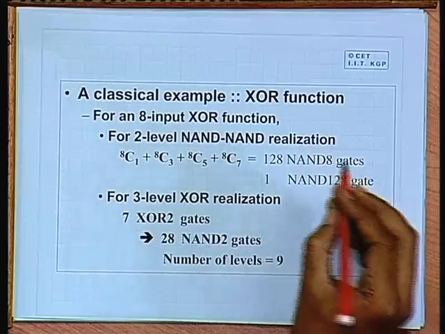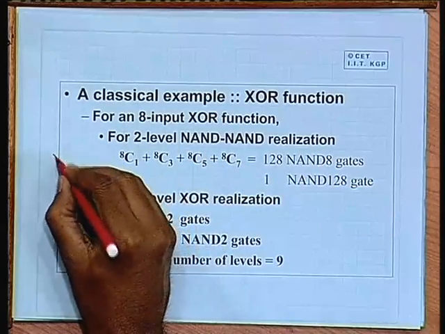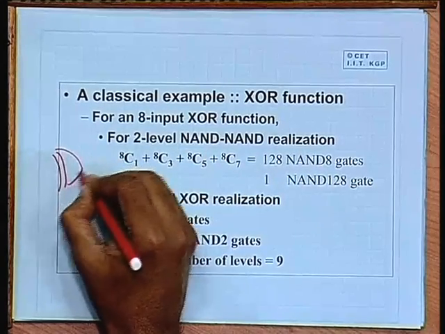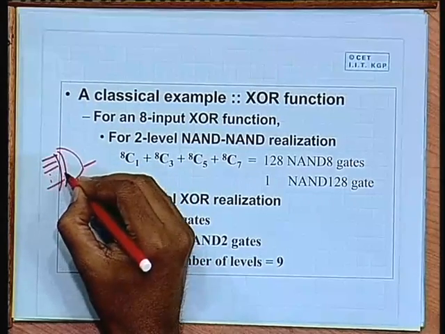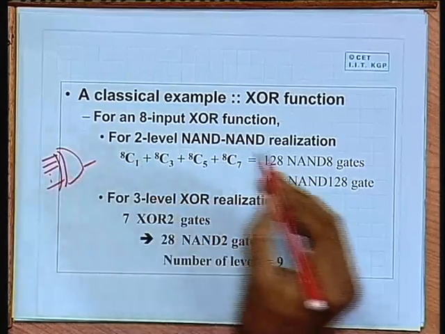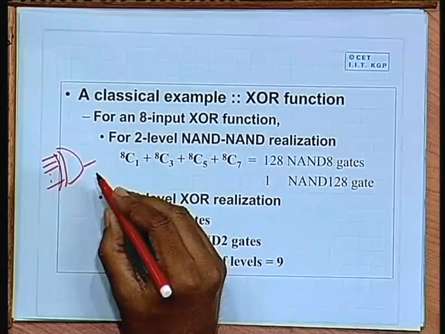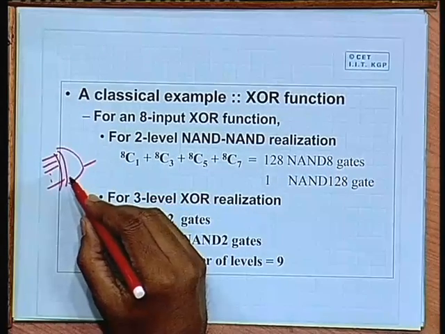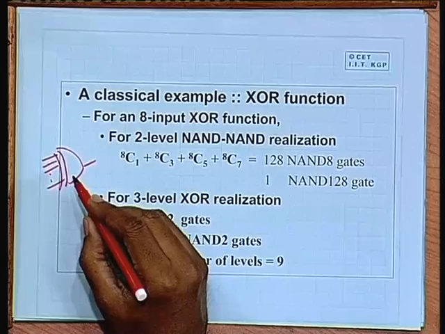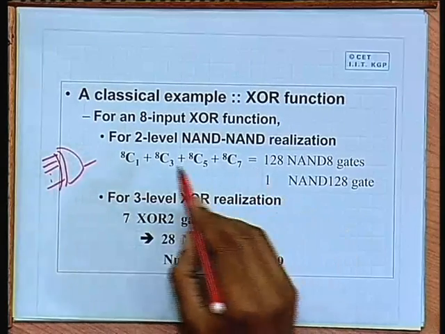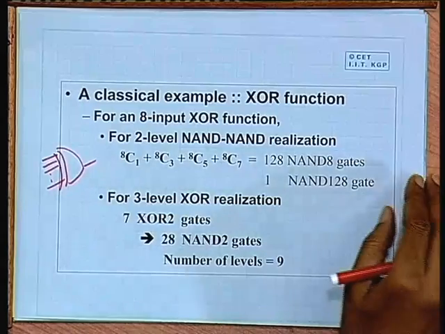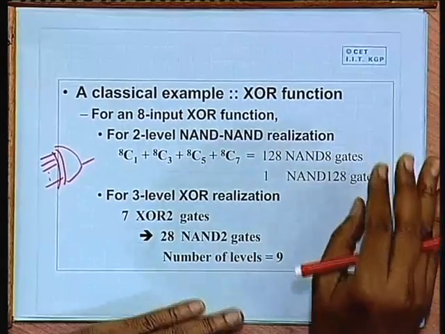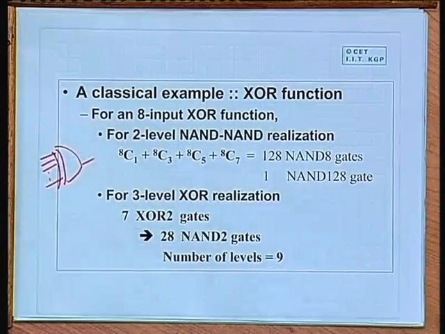For an 8 input function, say I have an XOR gate with 8 inputs. Suppose I want to realize this in a two-level logic implementation. Now in a two-level logic implementation, think of an XOR gate. What is the kind of requirement you have? An XOR gate is essentially a parity detector, right?